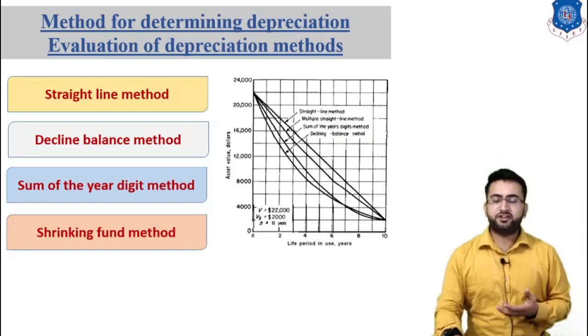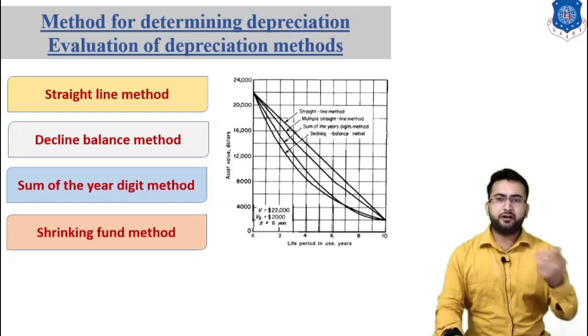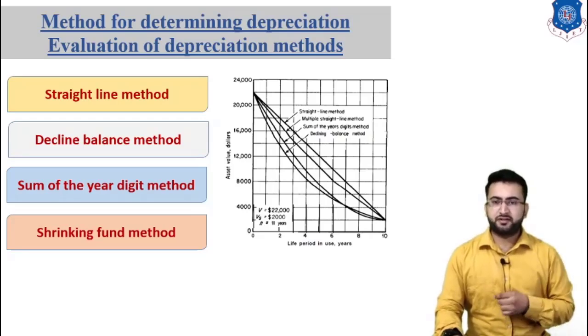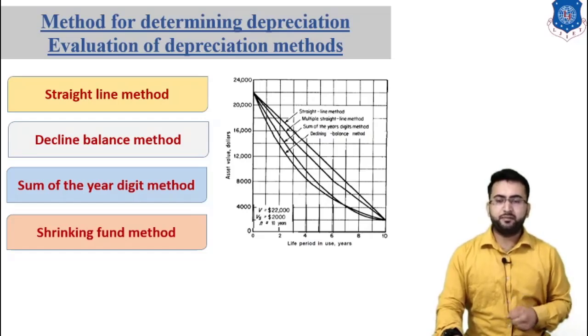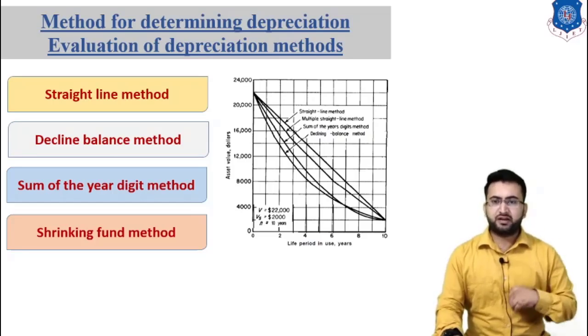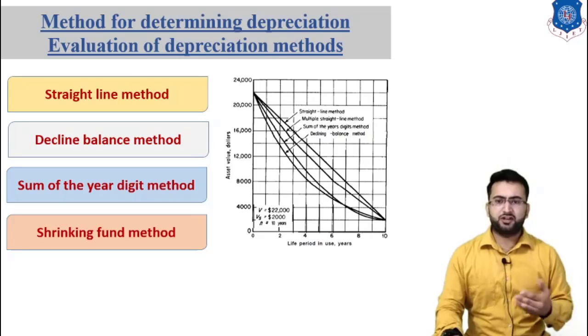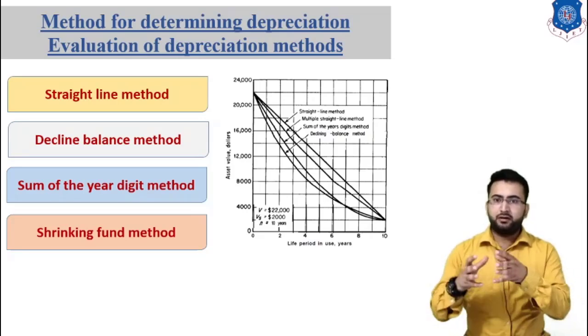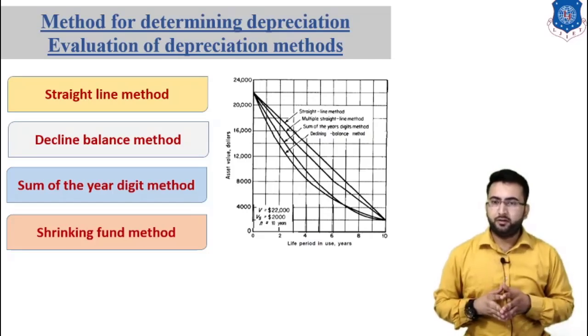In the sum of year digit method, depreciation is deducted from the original price by the sum of the years. Then let's talk about the sinking fund method, in which we apply interest in depreciation. That's why it is known as the sinking fund method. So this is how the depreciation methods are evaluated.